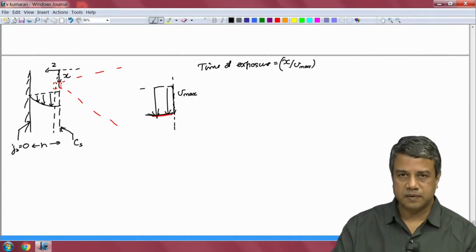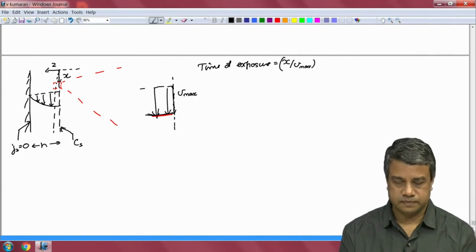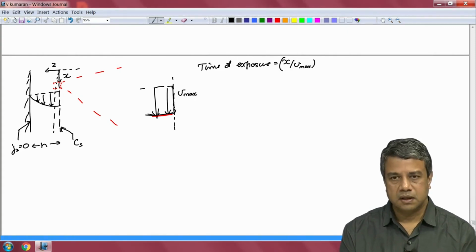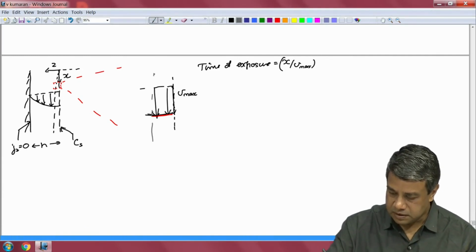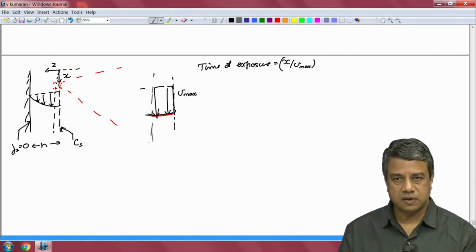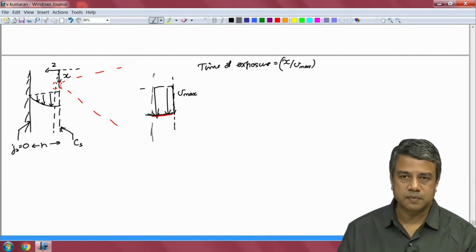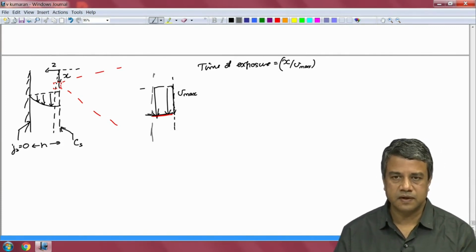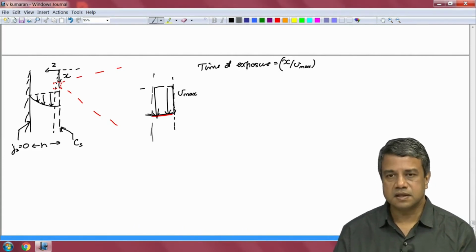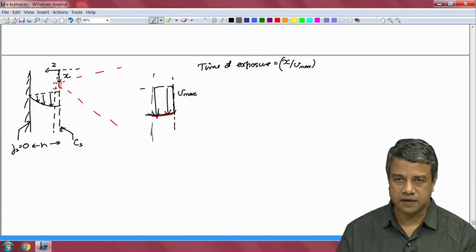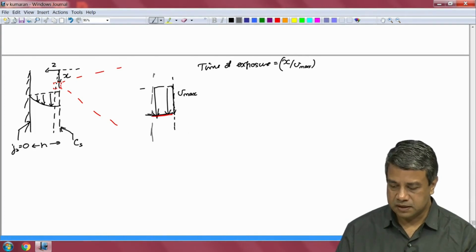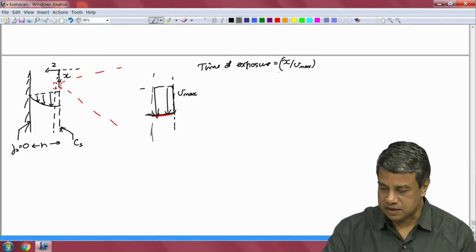The distance travelled divided by the velocity is the time of exposure. And since I am assuming that the penetration depth of the gas into the film is much smaller than the film thickness, this is equivalent to diffusion into an infinite medium for a time which is given by this exposure time.